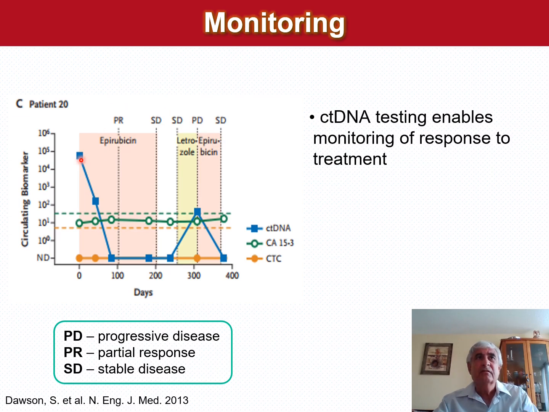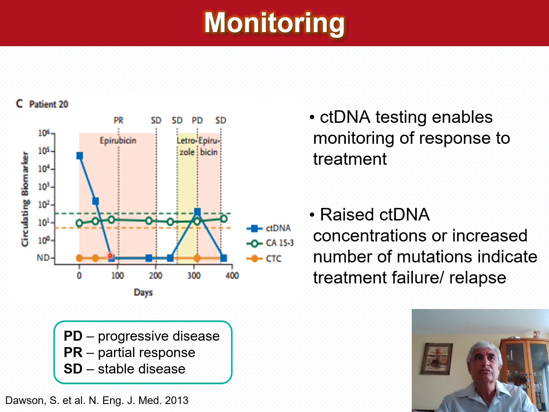And you can see here the blue line represents the circulating tumor DNA, which goes down with the treatment and then goes up with relapse, in comparison to CA15.3, the classical breast cancer biomarker, and circulating tumor cells. And you can appreciate here that the circulating tumor DNA is actually a superior monitoring tool in patients with breast and other cancers.